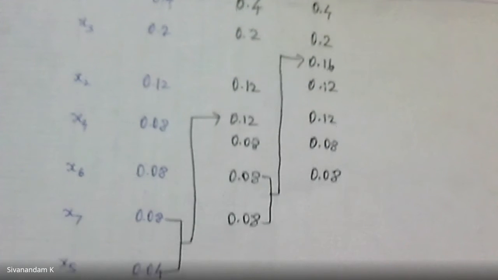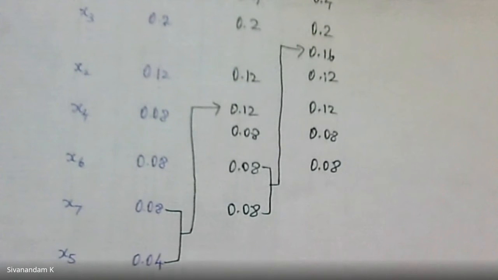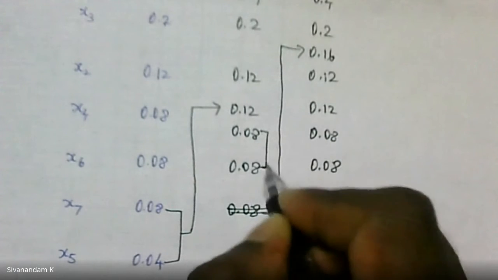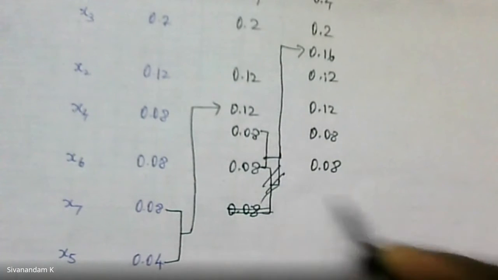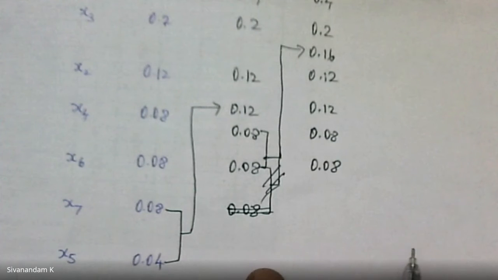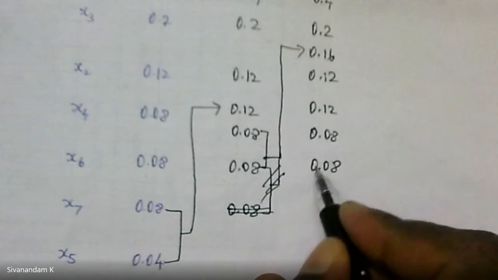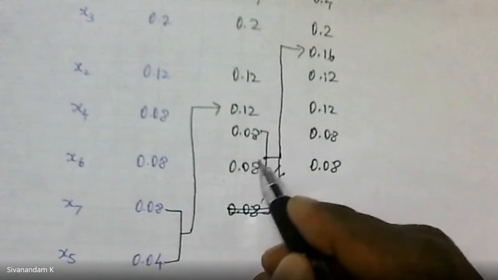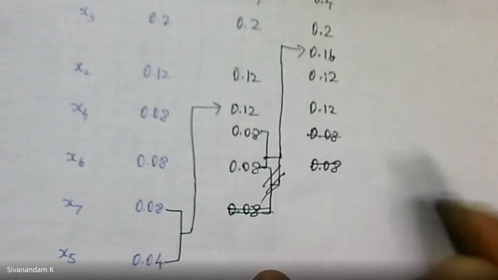Here a mistake has happened. So this 0.08 is already added, so we need to add these two values. These two probabilities are already added.